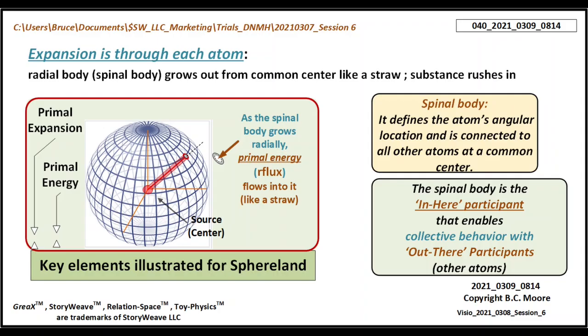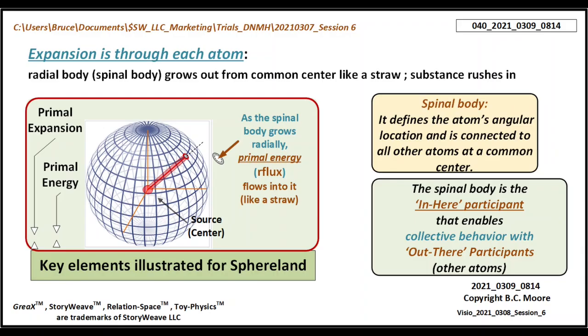But primal energy in the form of that substance flows into that like a straw. And later we'll see that half of it goes out in all the tangential directions. So the atom is growing from the source. It stays connected to the source. As it expands radially, substance comes in, primal energy, and flows out in every tangential direction.